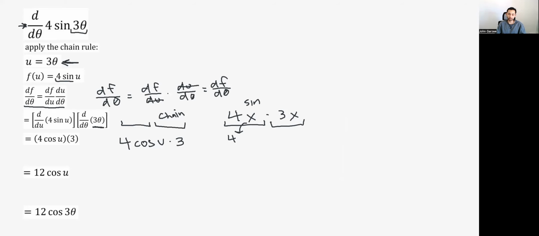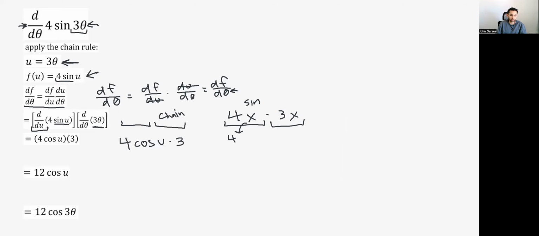What this is really saying is you're taking the derivative of the f function, but what you are differentiating with respect to is the bottom part, theta. So theta is like the x. In the first part, we're taking the derivative in terms of u, which means u is like the x.